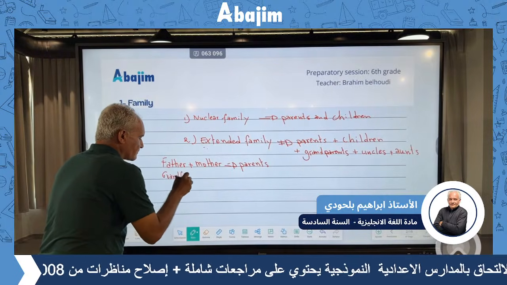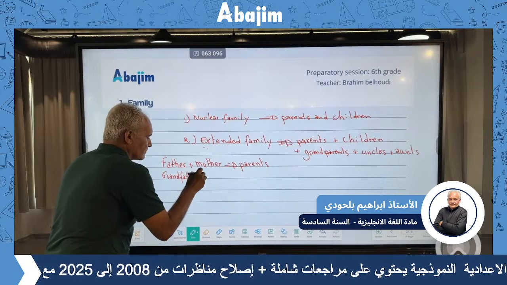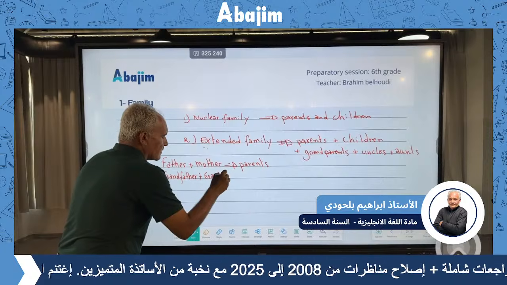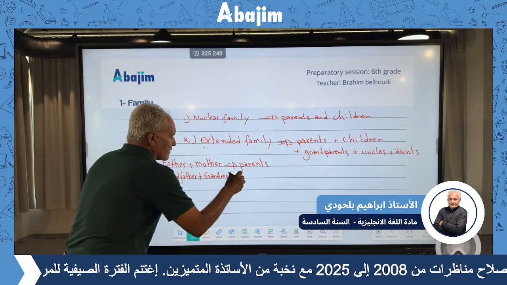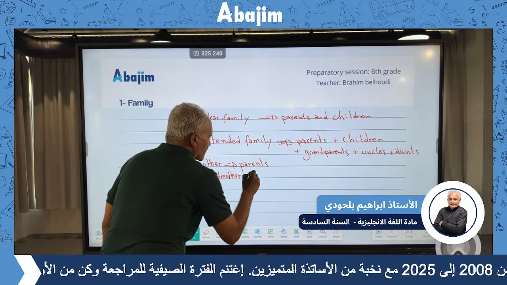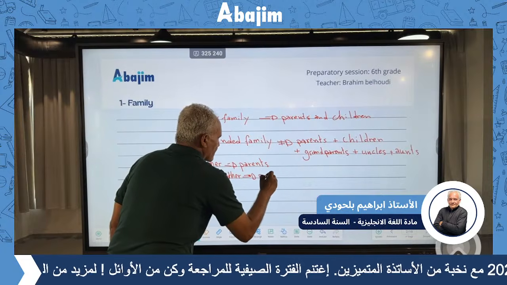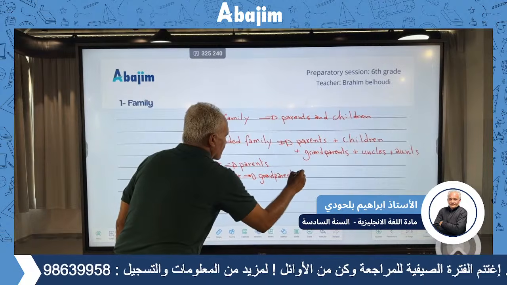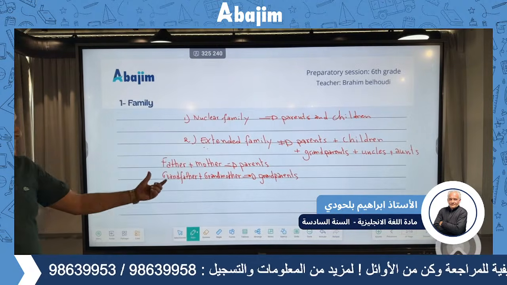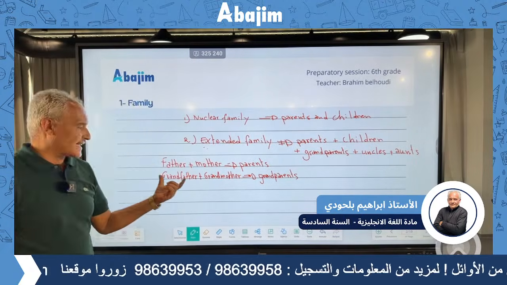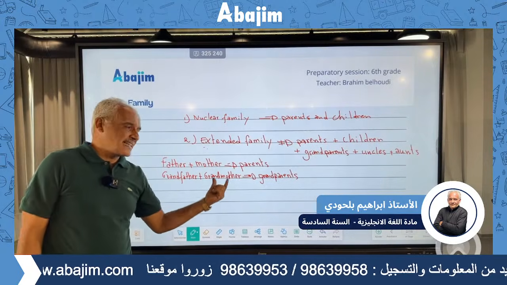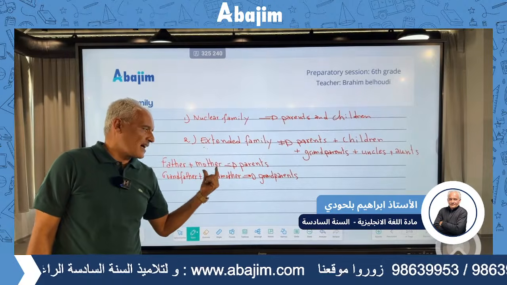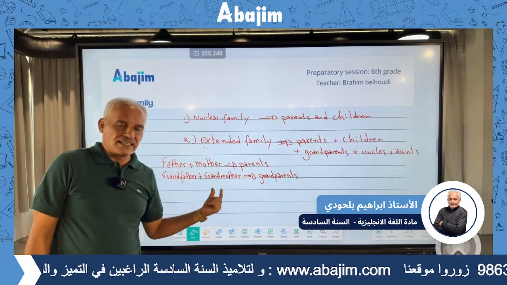Then grandfather plus grandmother are grandparents. Grandfather and grandmother, they are grandparents, and I can say grandpa or grandma, and you can say granny here. It's a bit slang, so grandma or granny, okay?